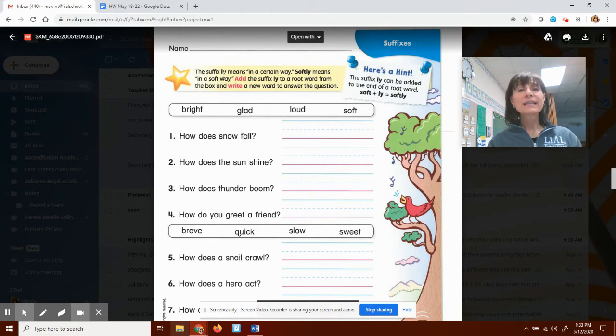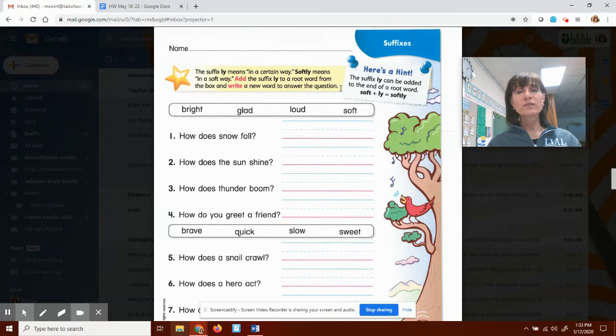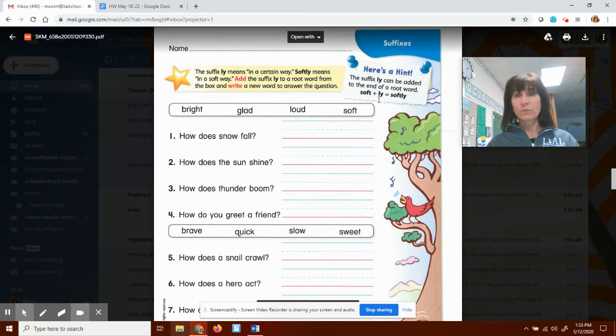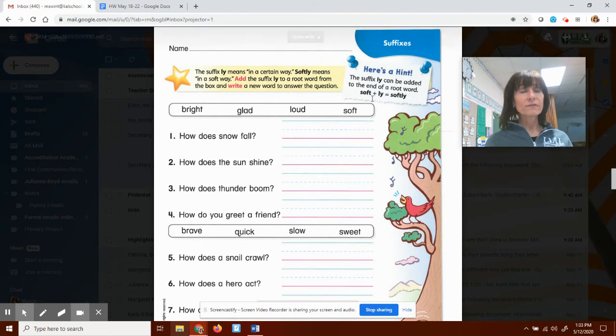And the suffix ly means in a certain way. Softly means in a soft way. Add the suffix ly to a root word from the box and write a new word to answer the question. So remember, the suffix ly can be added to the end of any root word. Soft can become softly.